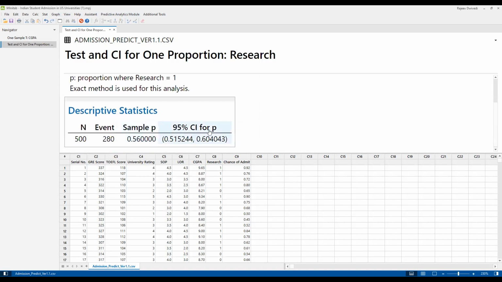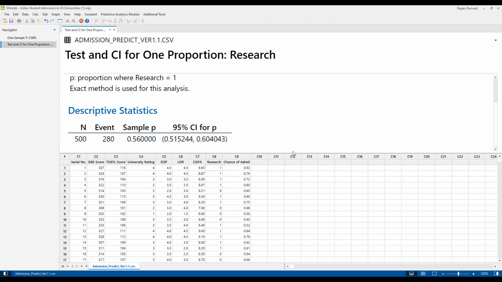And here, this is the proportion. As of now, based on this data, 56% of students, or 0.56, are in research university. What is the chance for all 22,000, what is their chance of research university? Between 51 to 60%, or 0.51 to 0.6. So this is the interpretation.